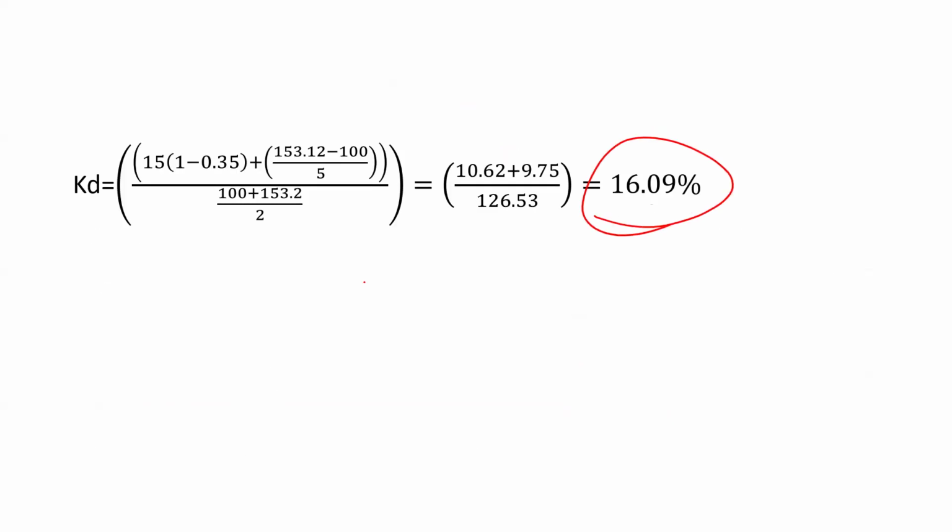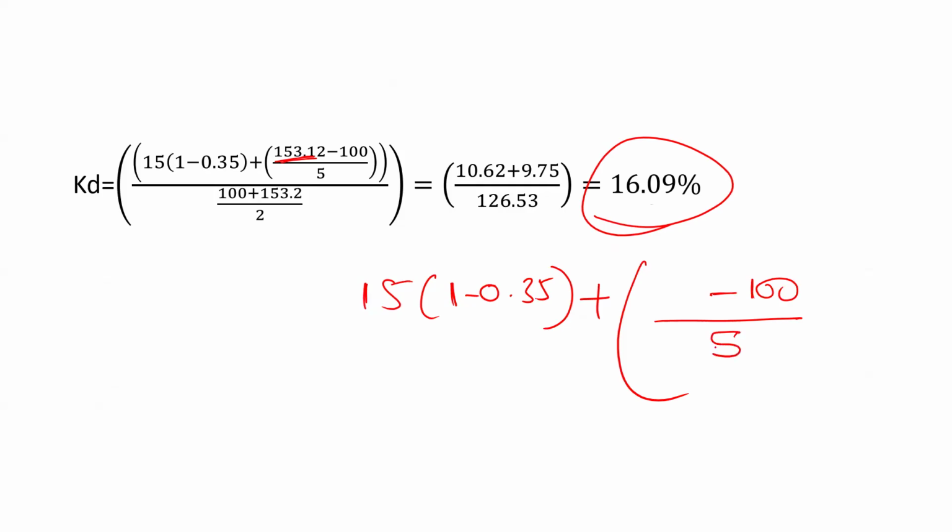This would be the cost of debt: 15 into 1 minus 35% plus then the redemption value will come. What is the redemption value? Because here we use either face value or redemption value. So I'll not take that, and price is 100 and the life would be 5 years, divided by this plus 100 divided by 2.